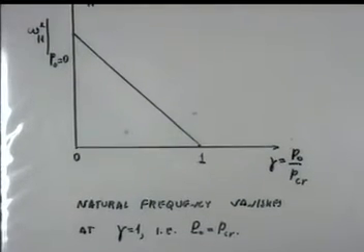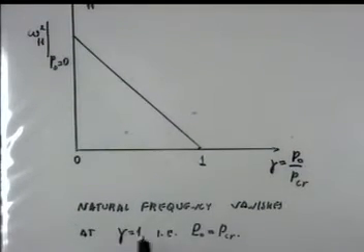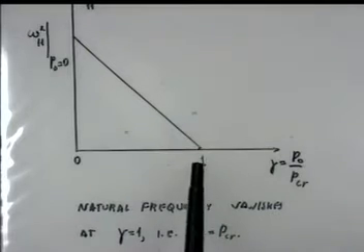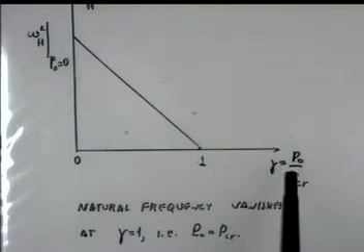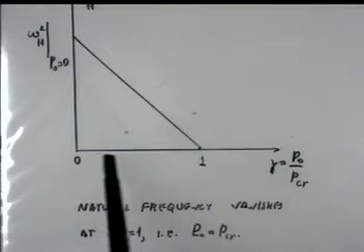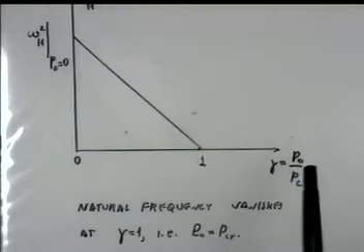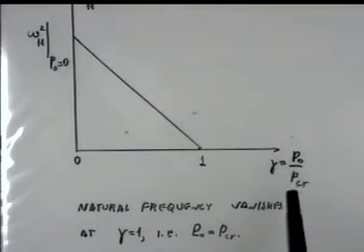That means that natural frequency vanishes when P0 equals P critical. So you may want to write down: natural frequency vanishes, becomes 0, when P0 equals P critical.